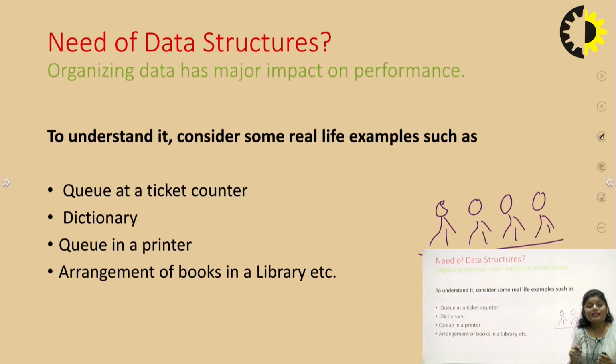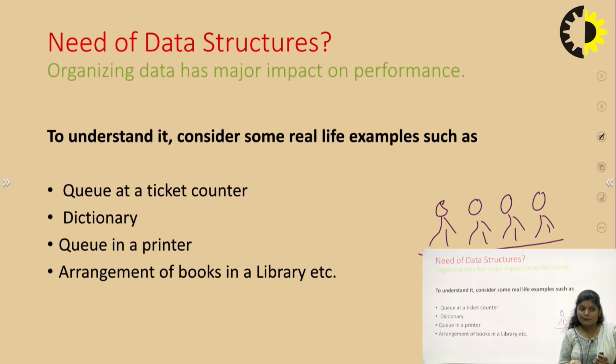If your dictionary is not arranged, then what will happen? You will not get the word height in a timely manner. You search page by page and you do not find it. So it is very necessary that your data follows one type of structure.